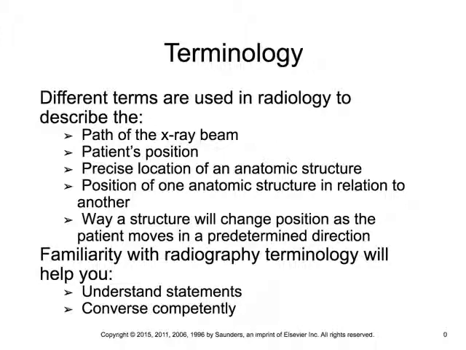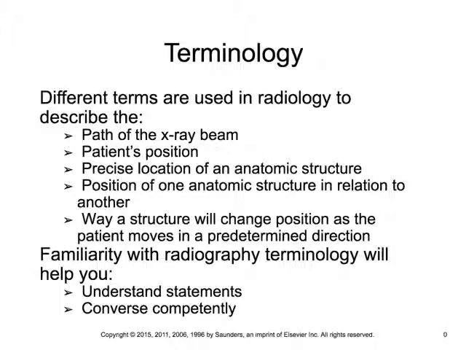So we're going to use some different terms, and a lot of this we covered last trimester, right? We need to be thinking about the path of the X-ray beam. So that has to do with geometric factors, right?